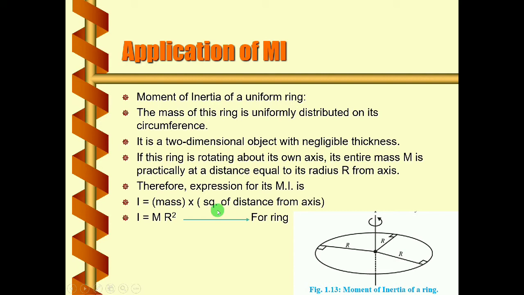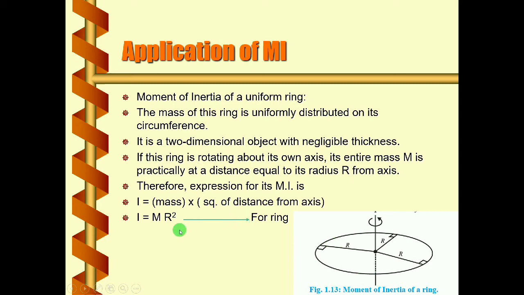So if you are writing the expression, we already know the definition of moment of inertia. According to the definition, I will be equal to mass into the square of the distance from the axis of rotation. As the ring is uniform, the distance from the axis of rotation will be constant everywhere.